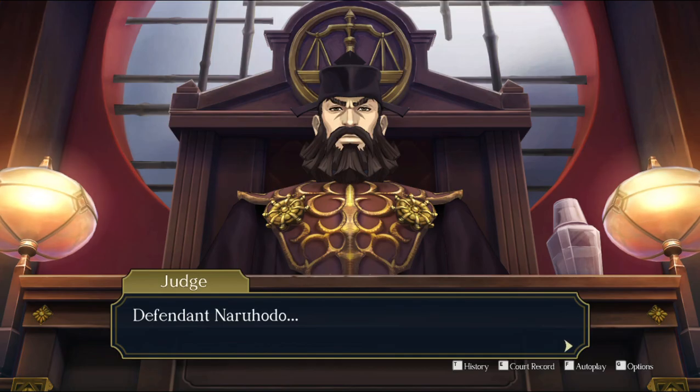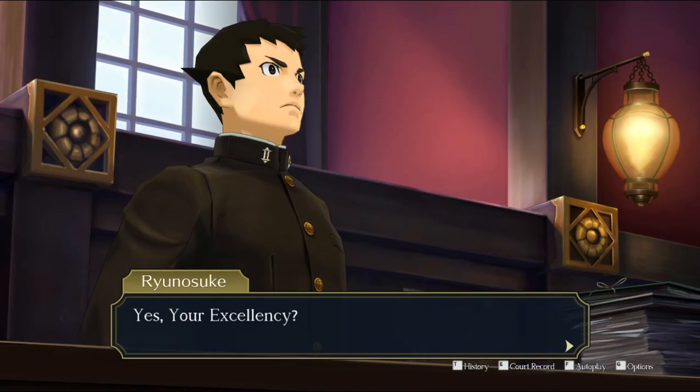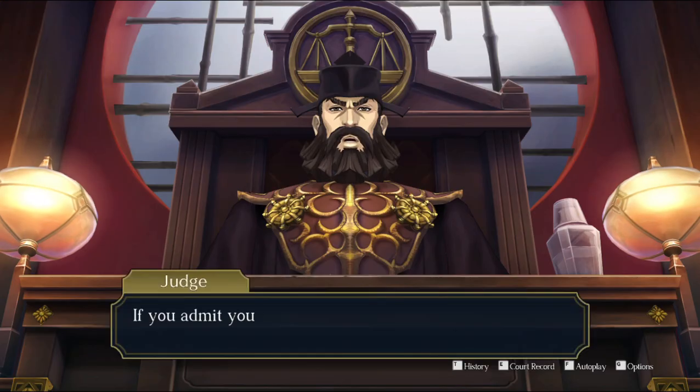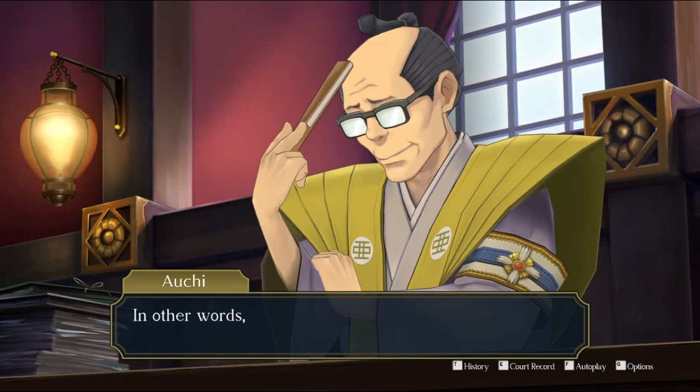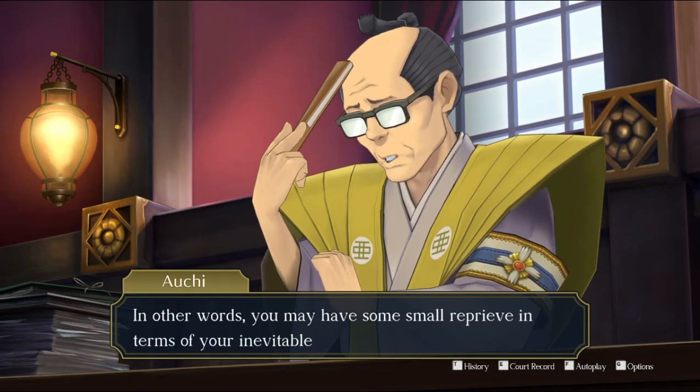Defendant Naruhodo. Yes, Your Excellency. If you admit your guilt at this stage, the court is willing to look mercifully upon you. In other words, you may have some small reprieve in terms of your inevitable punishment.